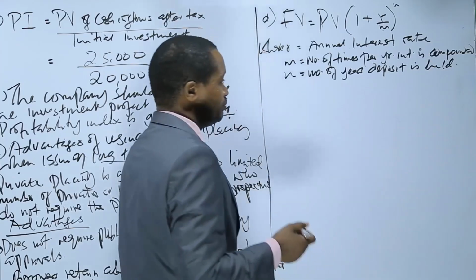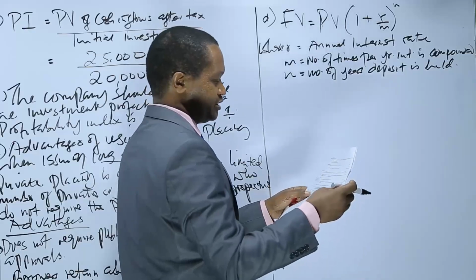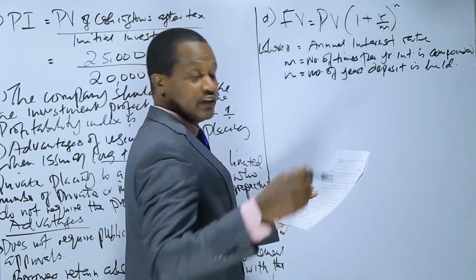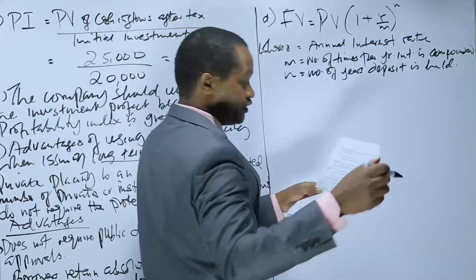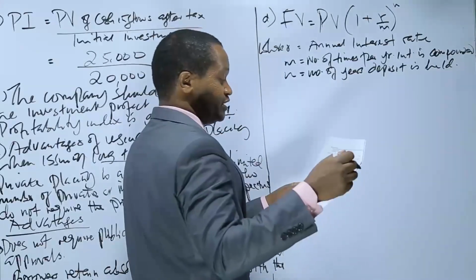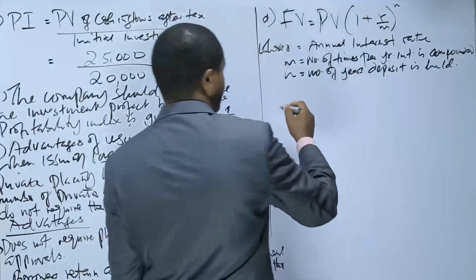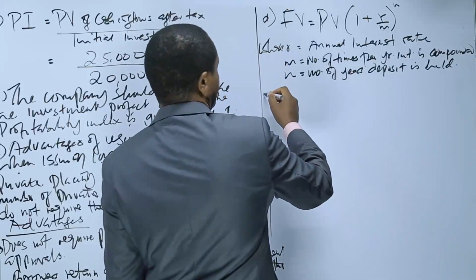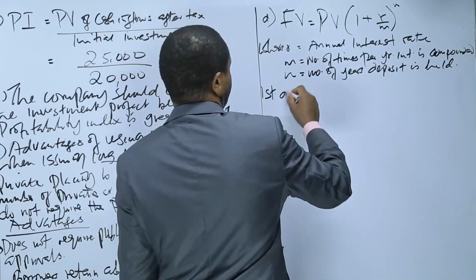So let us compute the value of the first deposit at the end of year 4.